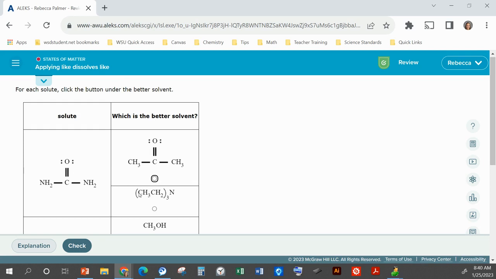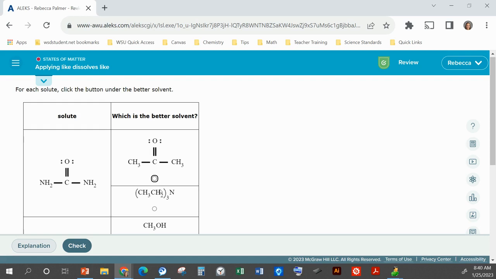and then let's go over here. This one has a nitrogen in the middle, and it has 3 carbon chains off of the nitrogen. So this one is polar, but it doesn't have any hydrogen bonding. It doesn't have any oxygens.